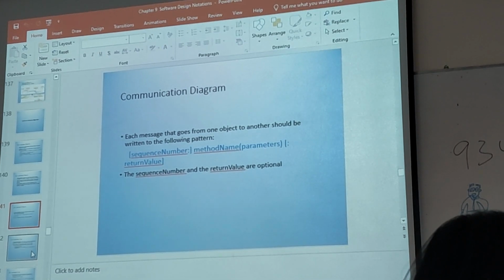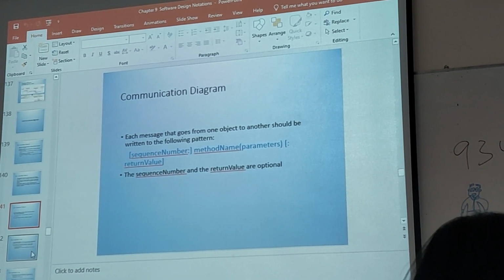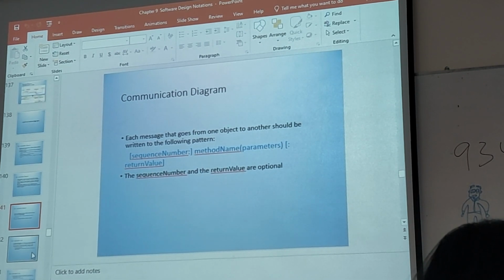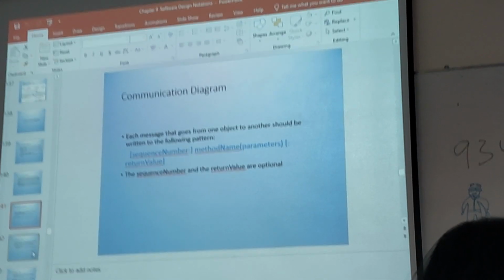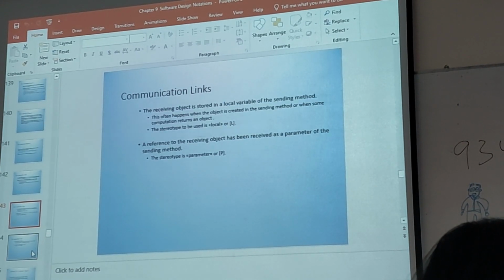If you have parameters, put the parameter names, and then the expected return value. So the sequence number and return value are actually optional. If you know, you can put them. If you don't know, you can just ignore it. Understand? Sometimes we may not need the sequence number or the return value.